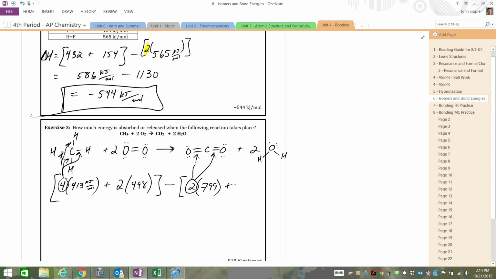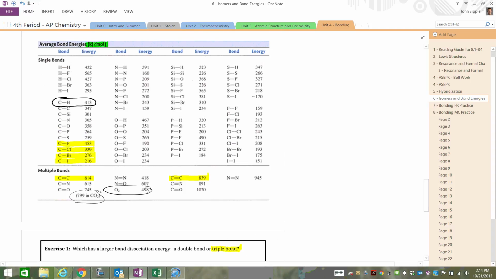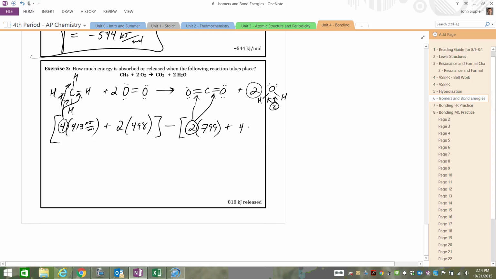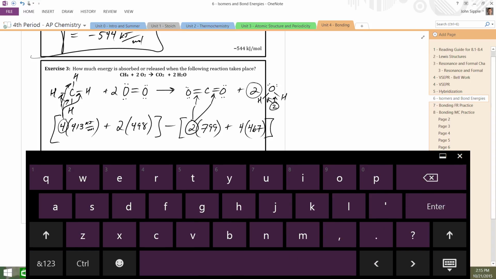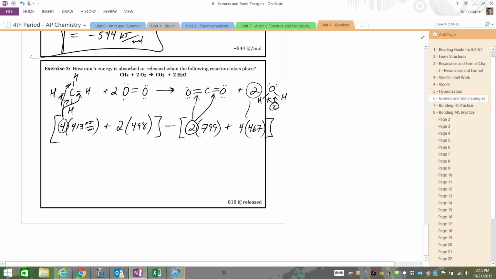We've got 4, because for each water molecule there's 2. So we've got these 2 times these 2, a total of 4 H-O bonds. Where's it at? Here it is, 467. That's where that's coming from. 2 times 2, got 4.